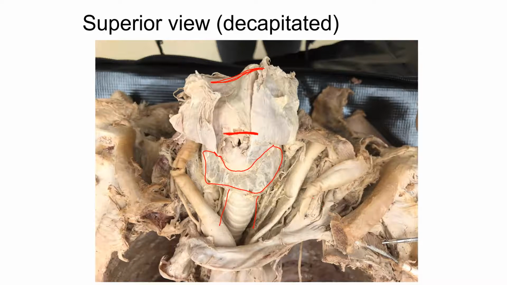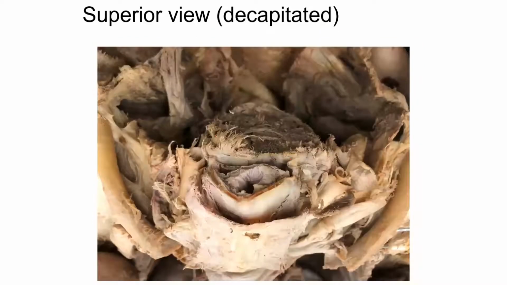Some of the other vascular structures we can see: we've got the jugular vein here, and then the common carotid here, again, carotid on this side, and then can't really see the jugular on that side. Okay, so here's a more superior view of that decapitated neck. So here's the vertebral column that's been cut posteriorly. Here's the opening into the trachea.